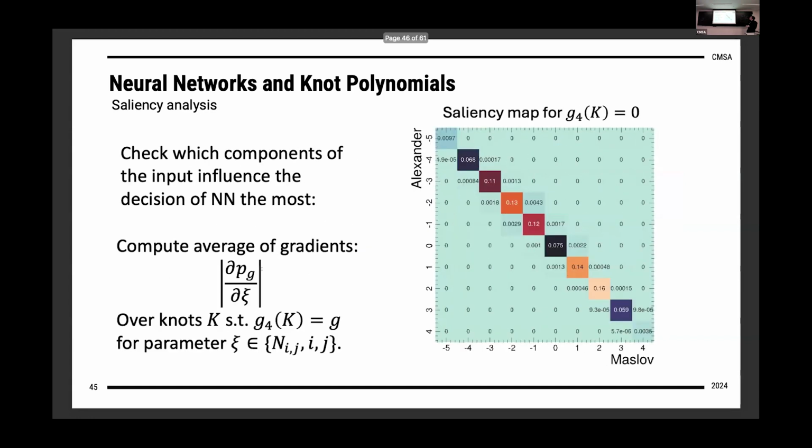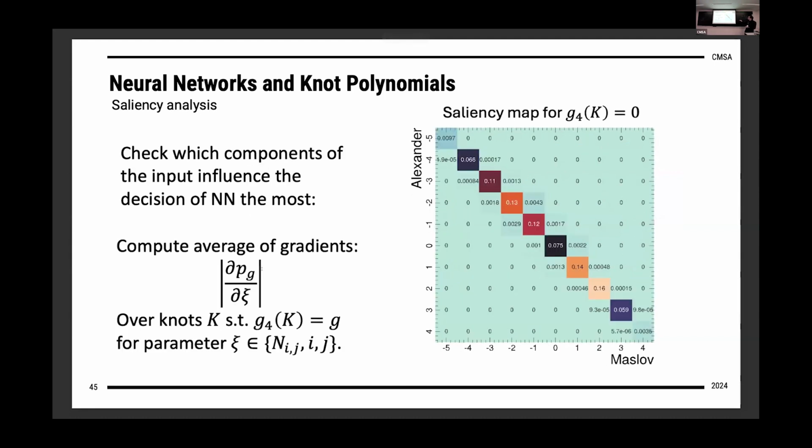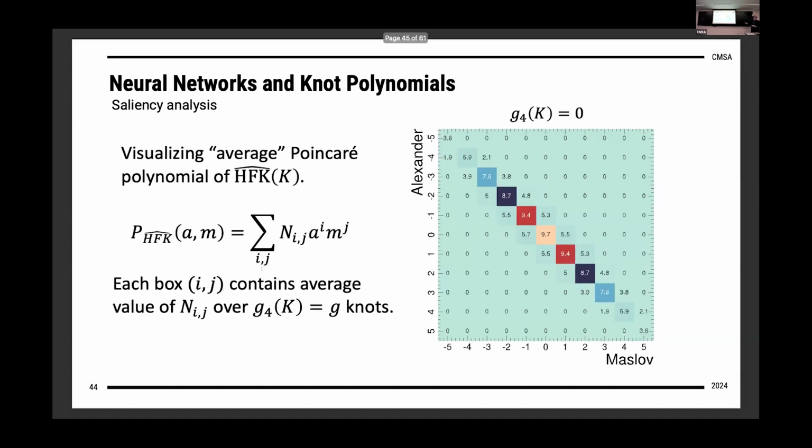If you look at the saliency maps for genus 0, this is the actual distribution of how the coefficients are distributed. And if you look at what the neural network actually captured, it captures some non-trivial combination, but all of the maximum contributions to making this decision that it is not slice lie on the same line that we see in the distribution.